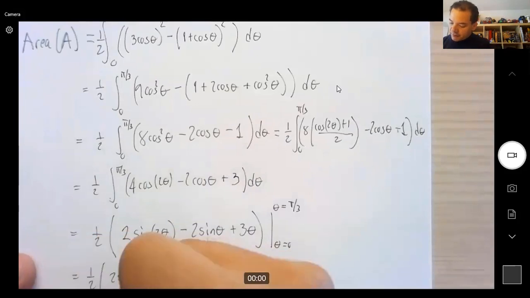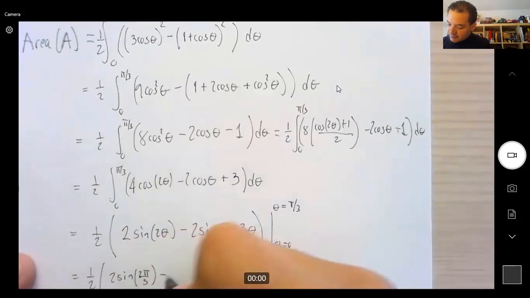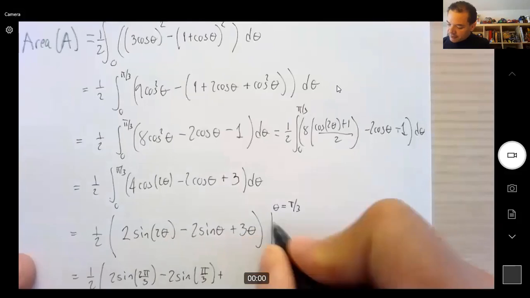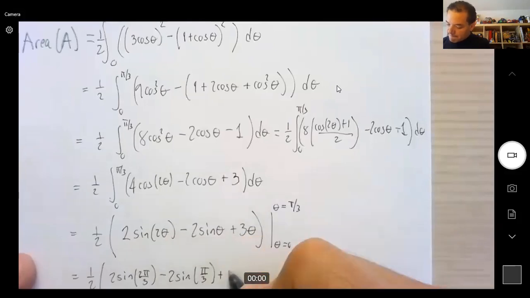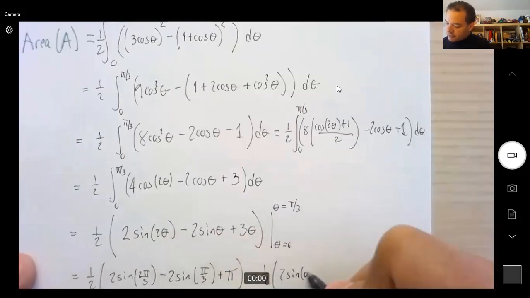So it's 2 sine of 2 pi thirds minus 2 sine of pi thirds plus 3 times pi thirds, that's pi, minus, and then plug 0, 2 sine of 0 minus 2 sine of 0 plus 3 times 0.